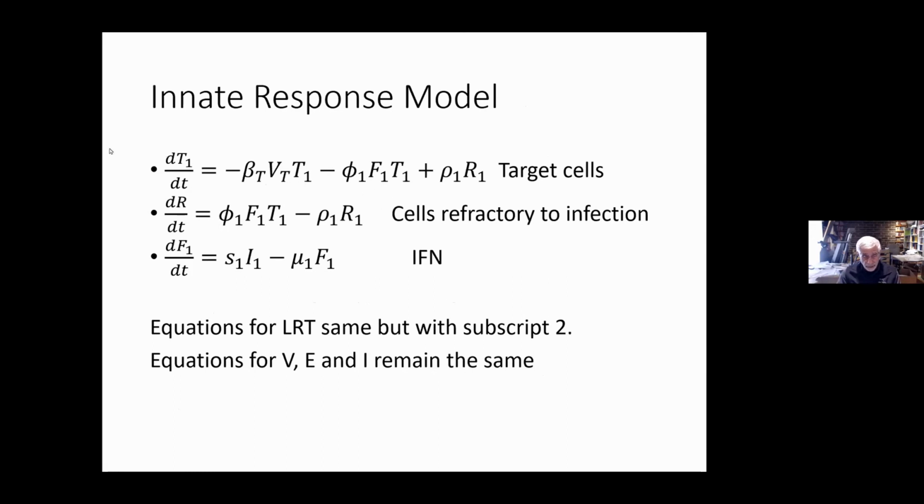And so we allowed our target cells to interact with interferon and be driven into the refractory state. Refractory state isn't permanent, and so we allowed them to go back to being targets. And we just said interferon is released from infected cells, and it is lost in some ways, either by going into cells, or it's lost by degradation. And you do the same thing in the lower respiratory tract.